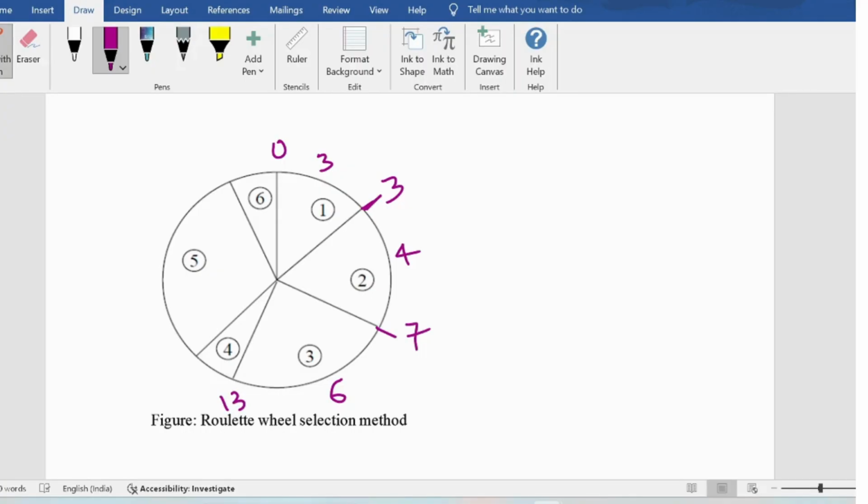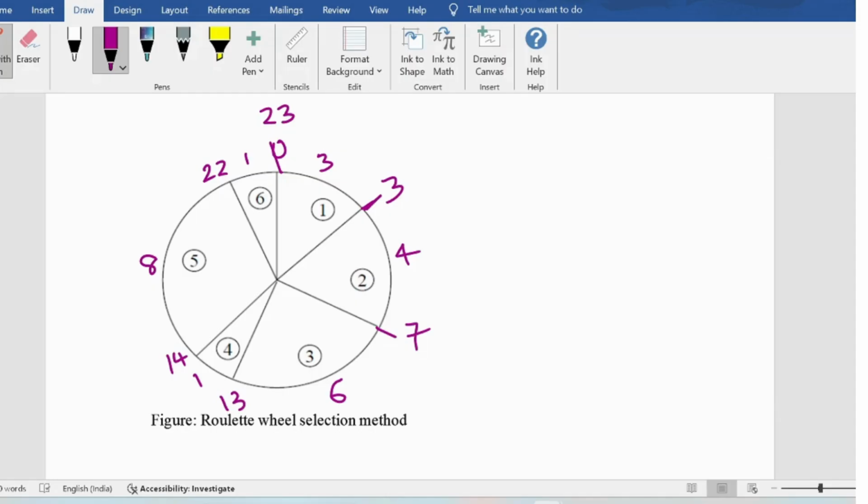Then for individual 4 I got the fitness value as 1, so 13 plus 1 is 14. For individual 5 I got the fitness value as 8, so 14 plus 8 is 22. Then for individual 6 I got fitness value as 1. So finally I have got 23 as the last value.